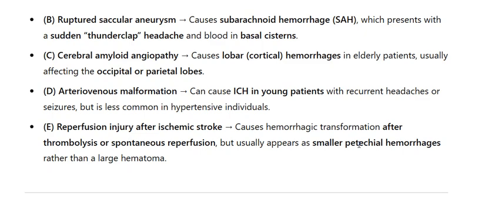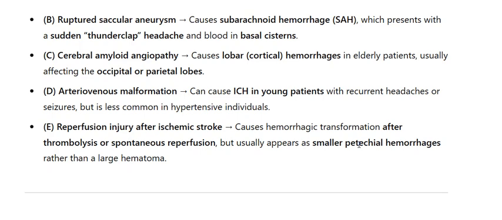D. Arteriovenous malformation can cause ICH in young patients with recurrent headaches or seizures, but is less common in hypertensive individuals. E. Reperfusion injury after ischemic stroke causes hemorrhagic transformation after thrombolysis or spontaneous reperfusion, but usually appears as smaller petechial hemorrhages rather than a large hematoma.